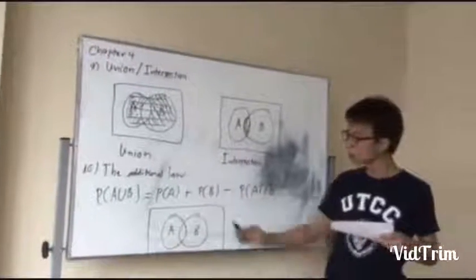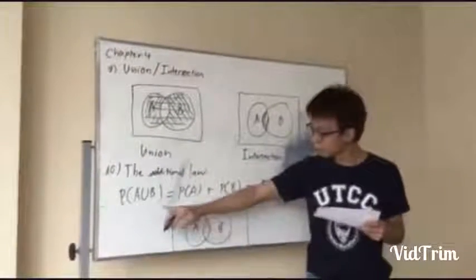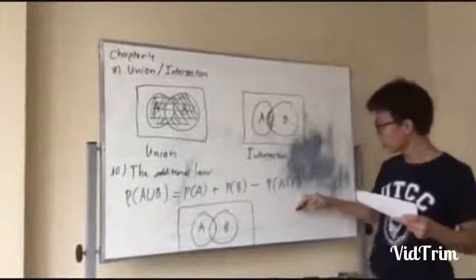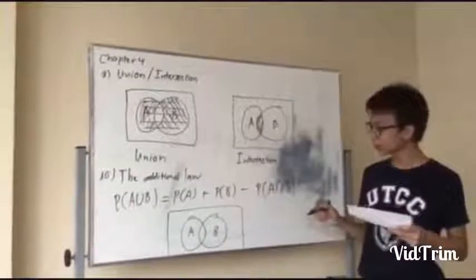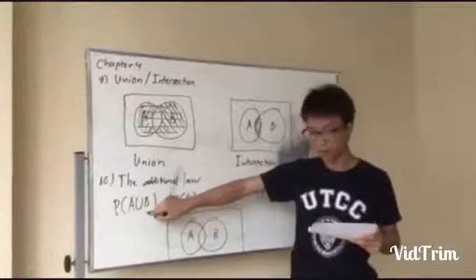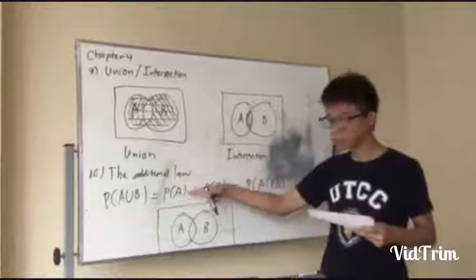So I will tell you about the addition law. You can see the formula of the addition law. To find the P of A union B, you have to understand that you find A first.